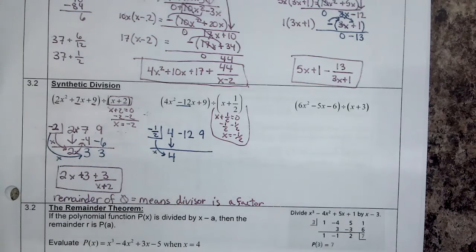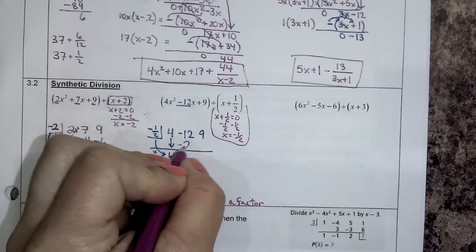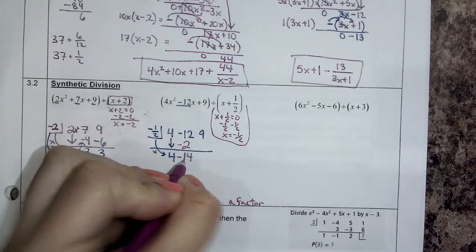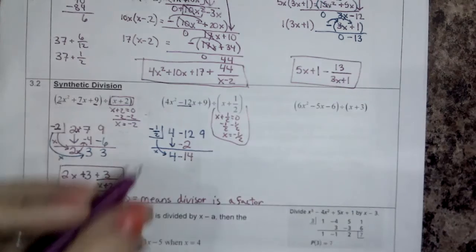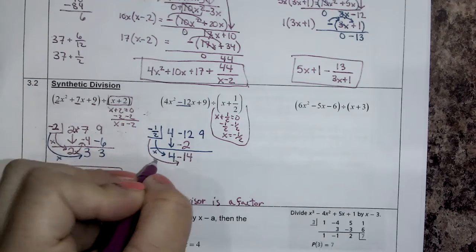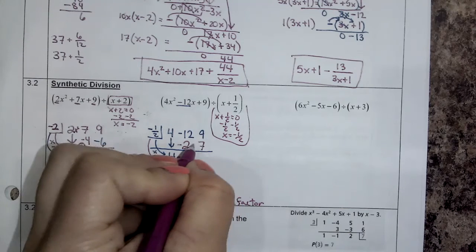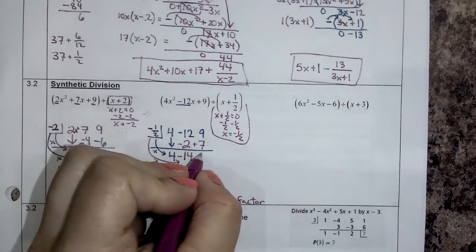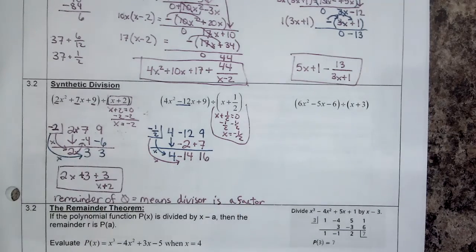Okay, now I'm going to do my multiplication. -1/2 times 4 is -2. -12 plus -2 is -14. Okay, -1/2 times -14 is +7. So now 9 plus 7 is 16.